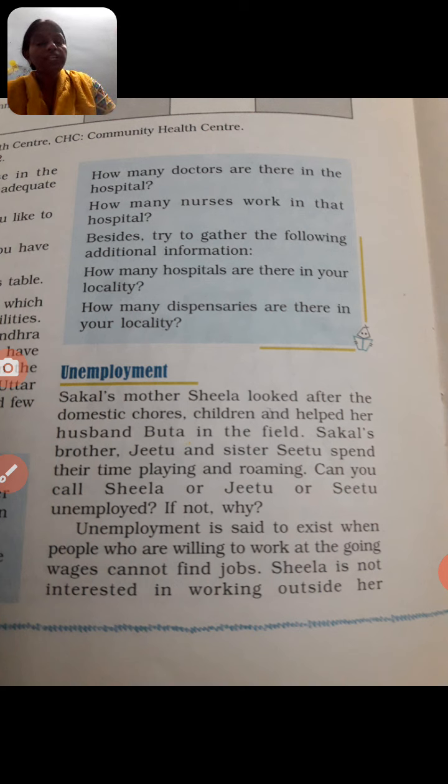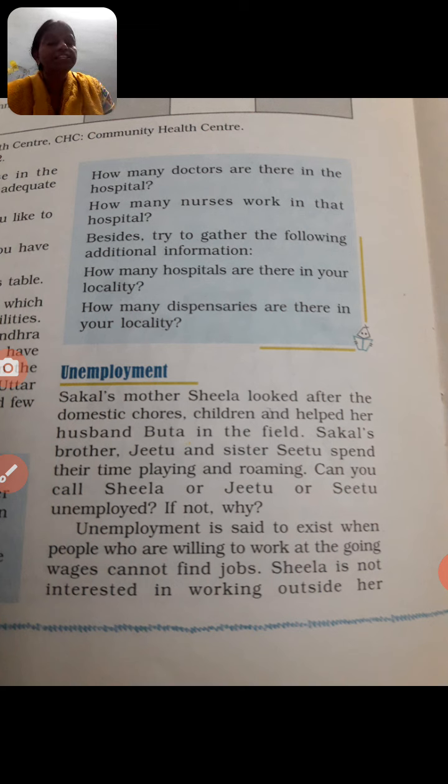We have seen in the story that you might have read in the chapter, the story of Sakal and Vilas and their families, how Sila, the mother of Sakal, worked in the field to help her husband, but she was not going out to earn money.